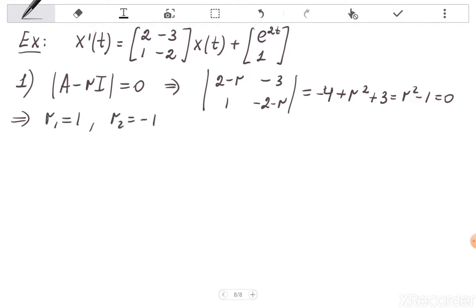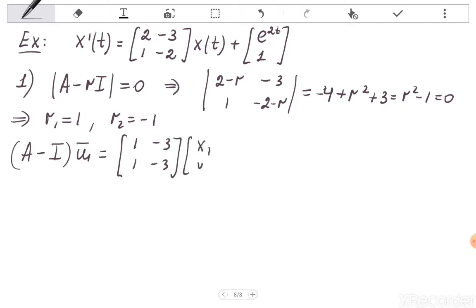For each eigenvalue we have to find an eigenvector, right? So when R1 is 1, we take A minus 1 times the identity, applied to U1. This is the matrix 1, minus 3, 1, minus 3. Let's say U1 is x1, y1. This must be 0. So x1 minus 3y1 is 0, or x1 is 3y1.